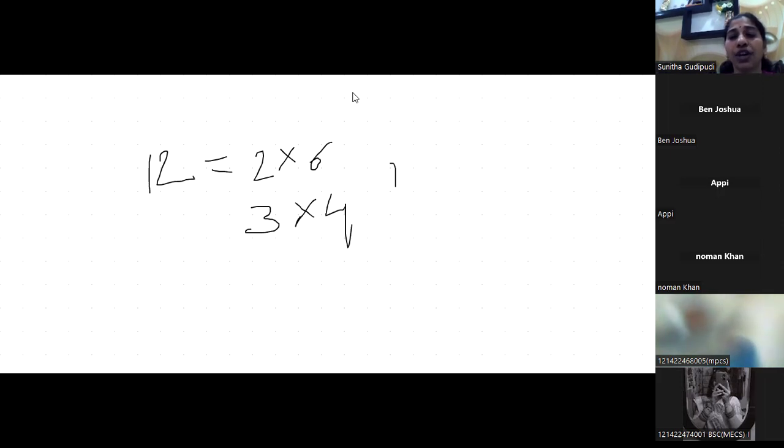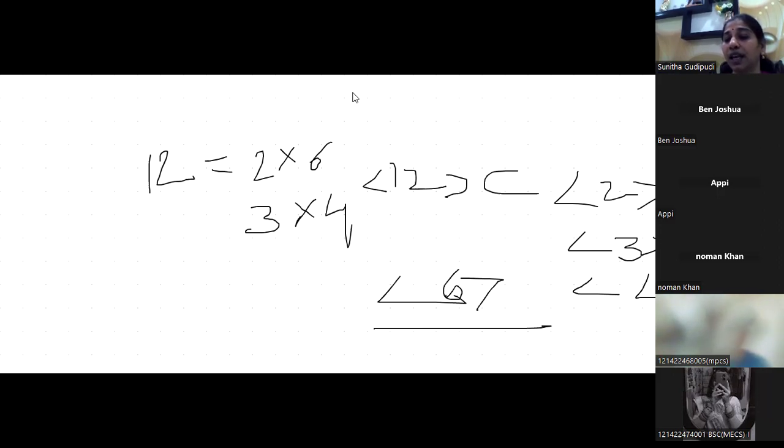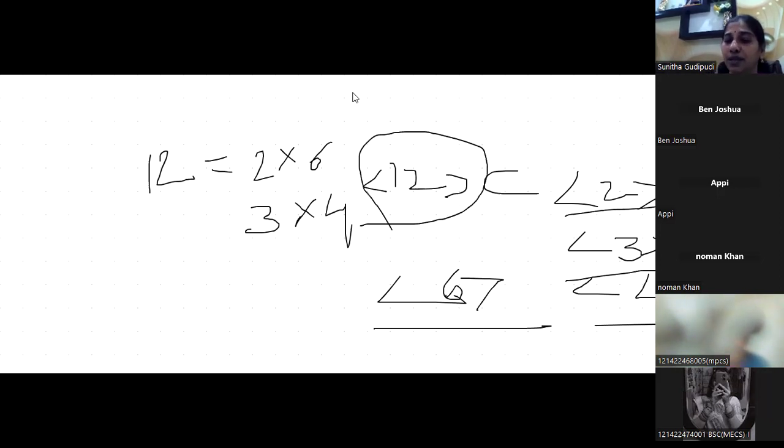Now, ideal generated by 12 is a subset of ideal generated by 2, a subset of ideal generated by 3, a subset of ideal generated by 4, and a subset of ideal generated by 6. So how many ideals are there? There are 4 ideals containing the ideal 12. So this can't be a maximal ideal.